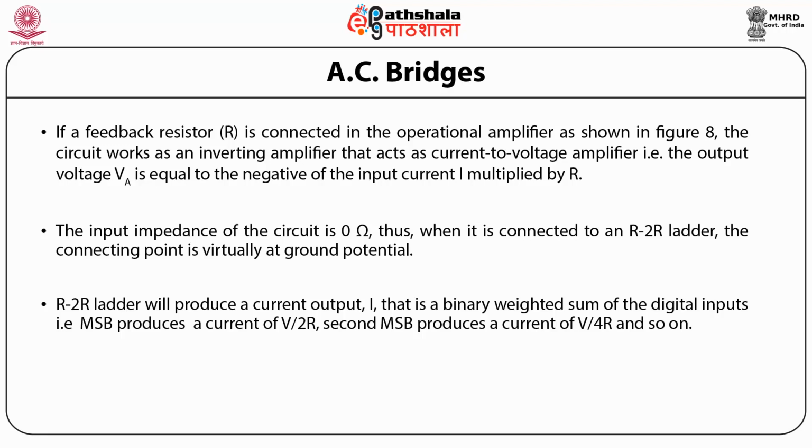That is, the MSB produces a current of V by 2R. The second MSB produces a current of V by 4R and so on.